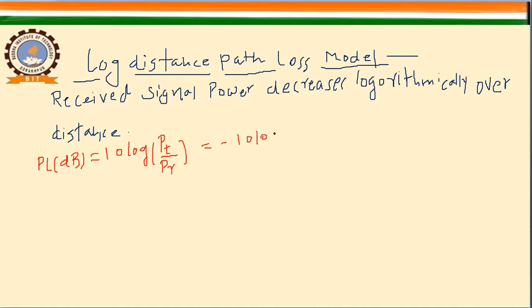This value is equal to, after the derivations, minus 10 log of lambda upon 4 pi d, whole square.